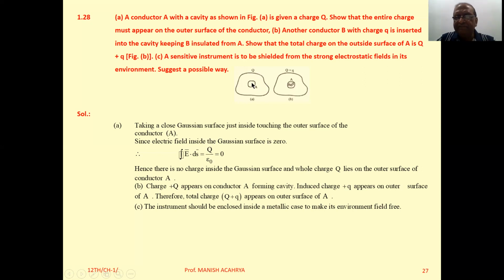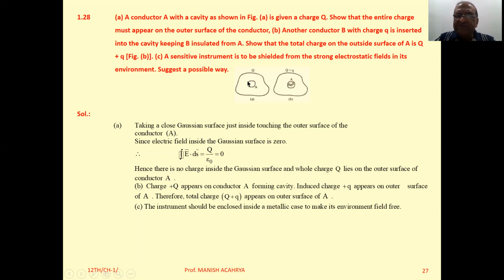Now second, when another conductor with charge small q, insulated with respect to A, is placed in this cavity, then at the surface of the cavity, minus q charge will be attracted by it. So that minus q charge will be distributed at the surface of the cavity in the conductor.